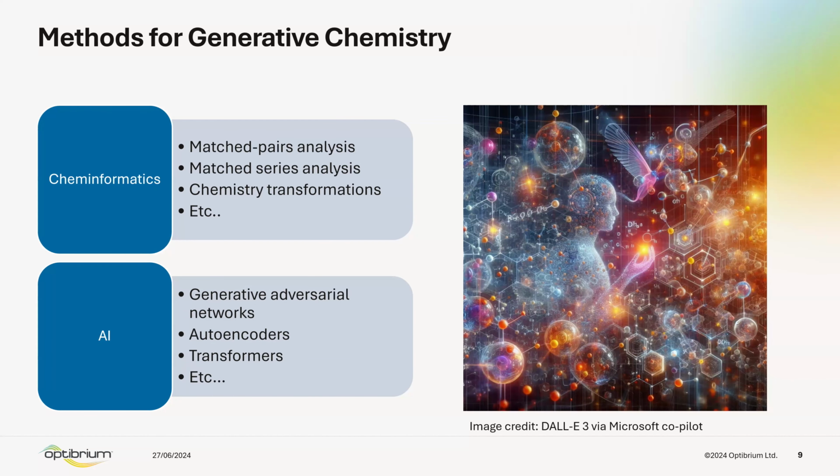Now, at a very high level, there are different approaches to generative chemistry, and I've sort of bucketed these into two broad groups. One I've labeled cheminformatics, and the other AI, or artificial intelligence.